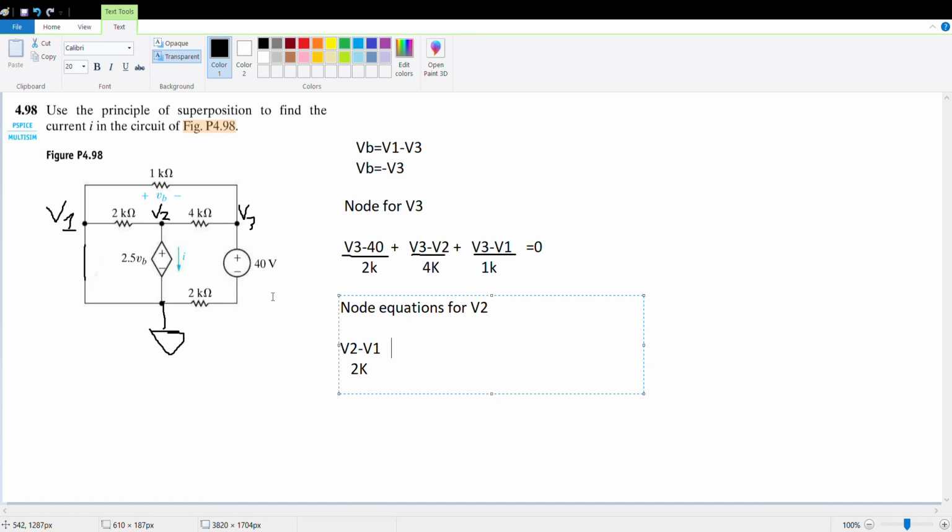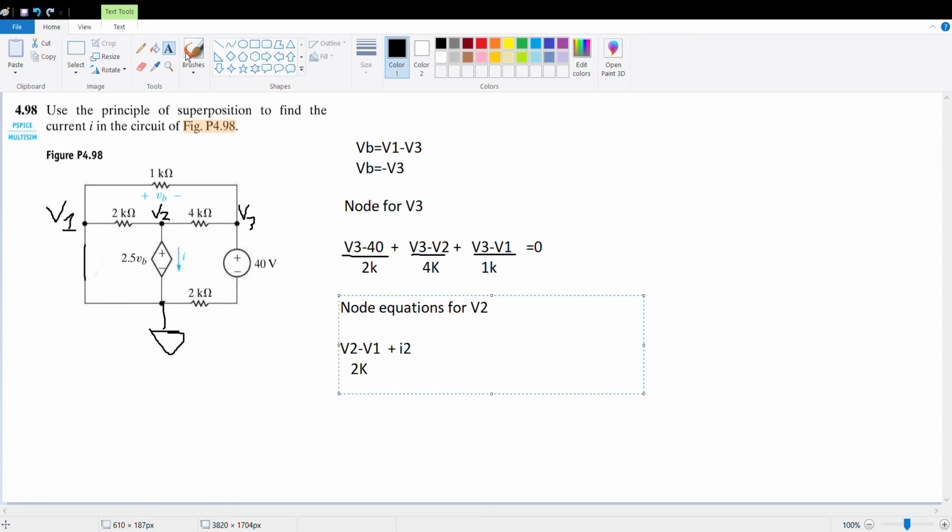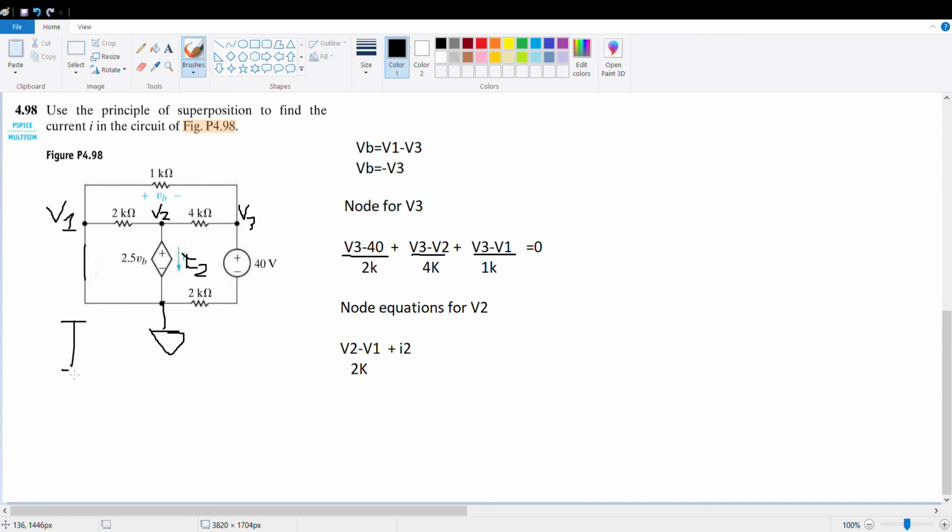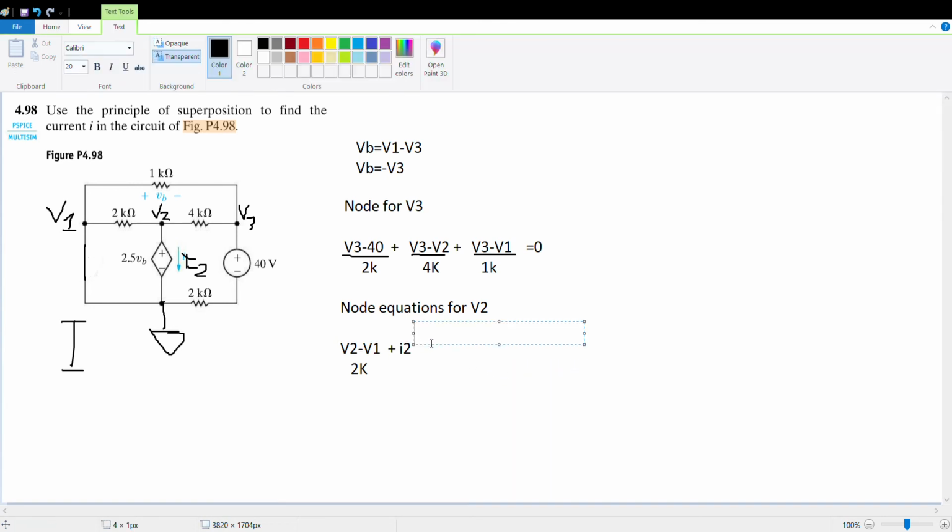We also have V2 minus 0 over the current going through the dependent source, which is I2, the part of the current for regular I. And finally, we have V2 minus V3 over 4 kilo ohms, and all of that is equal to 0.